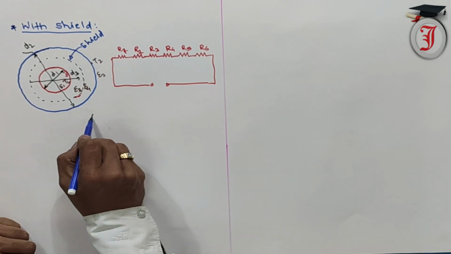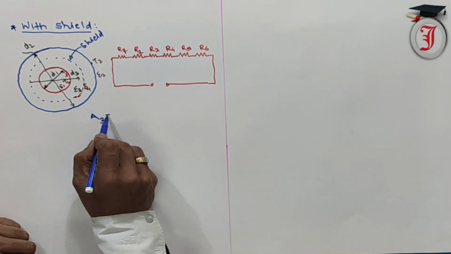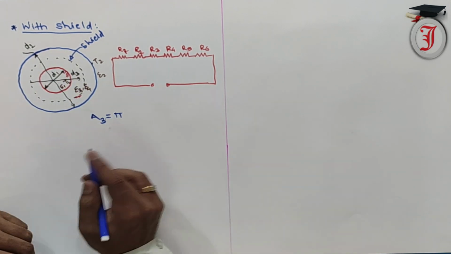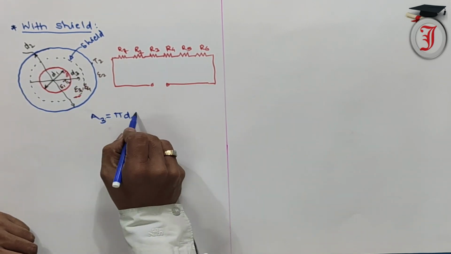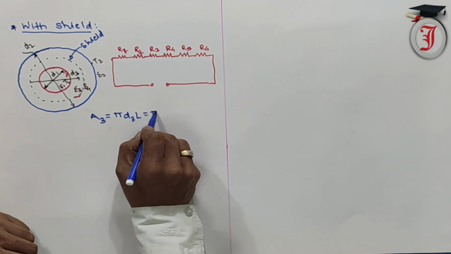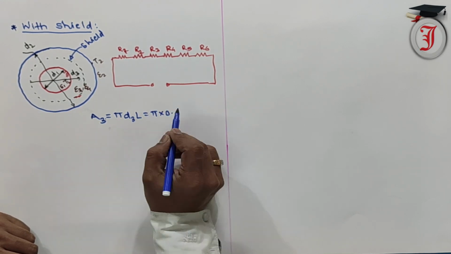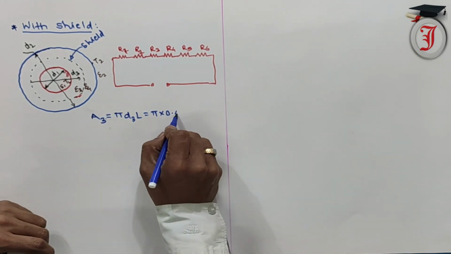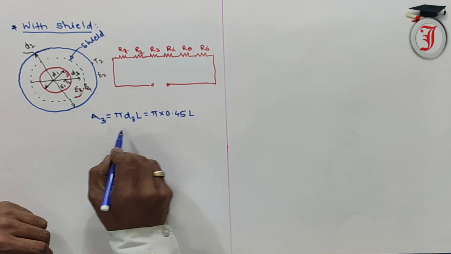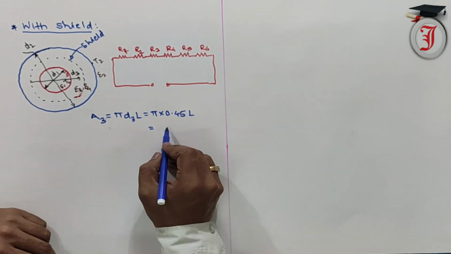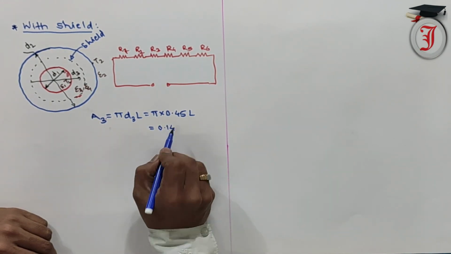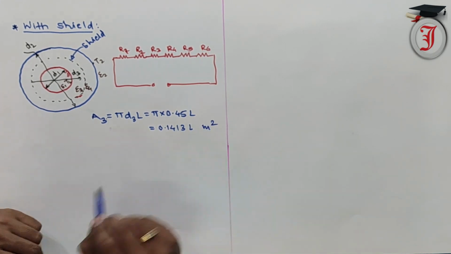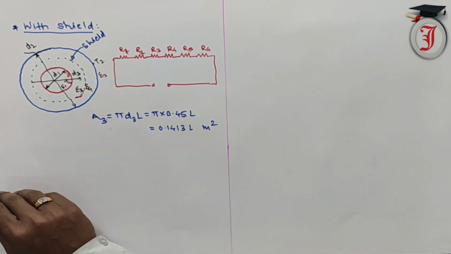The surface area of the radiation shield A3 is, again, this radiation shield is a circular tube, so it is pi D3 into L, which is equal to pi into 45 millimeter, so 0.045 into L. So A3 is equal to 0.1413 L meter square.